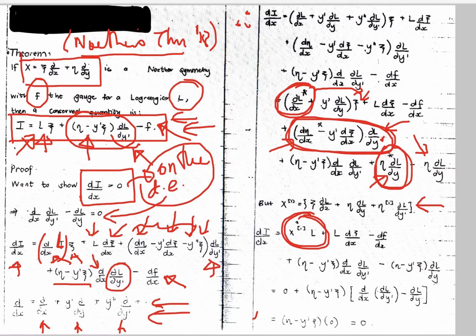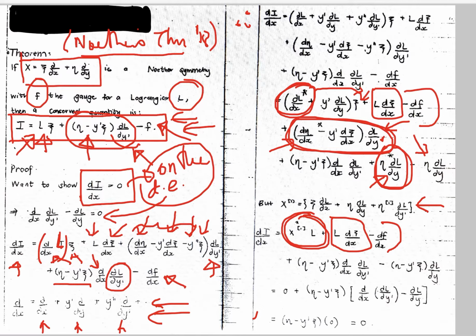I'm collecting terms now. This term I've just repeated. Here it is, the df/dx I've just repeated. And then I've just included other terms.